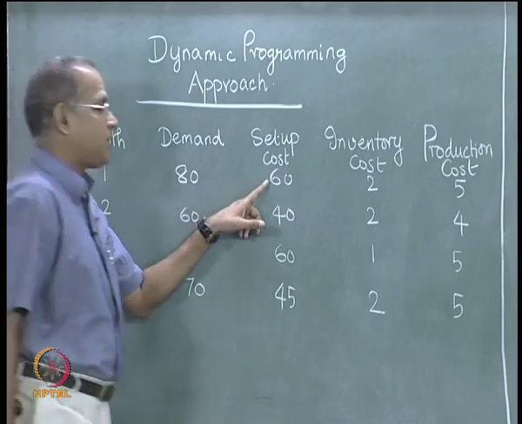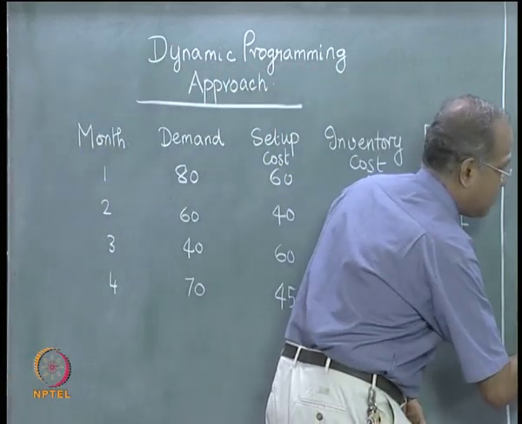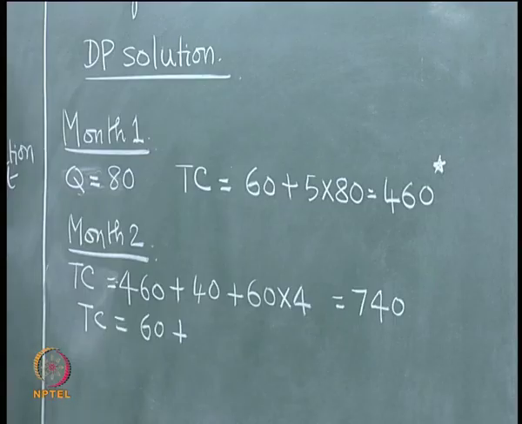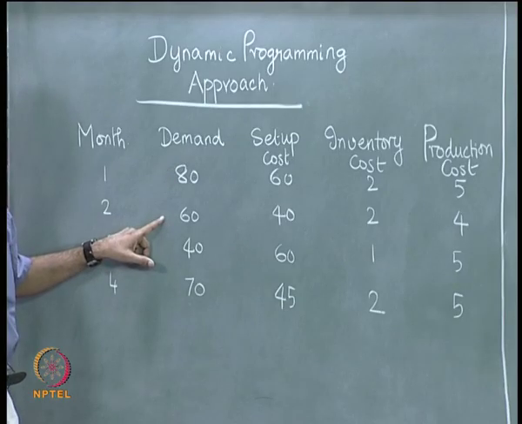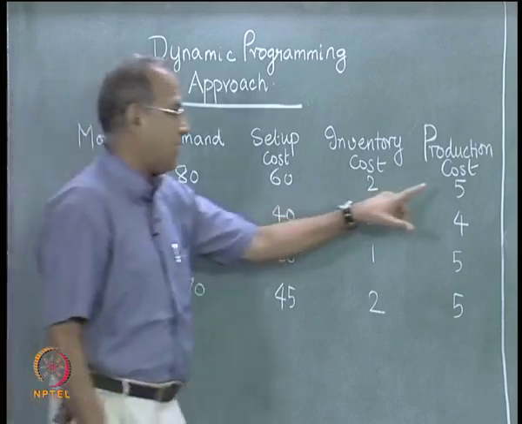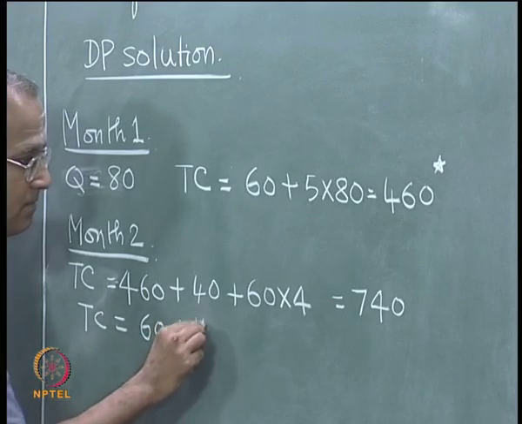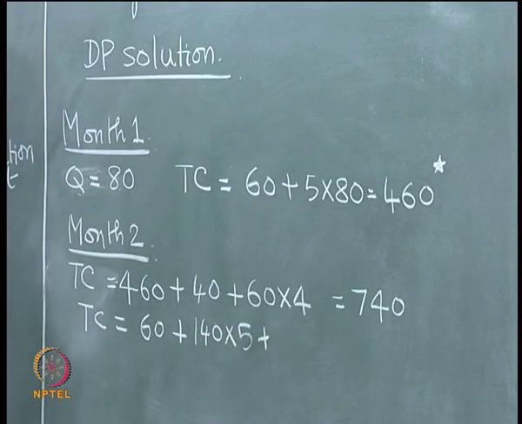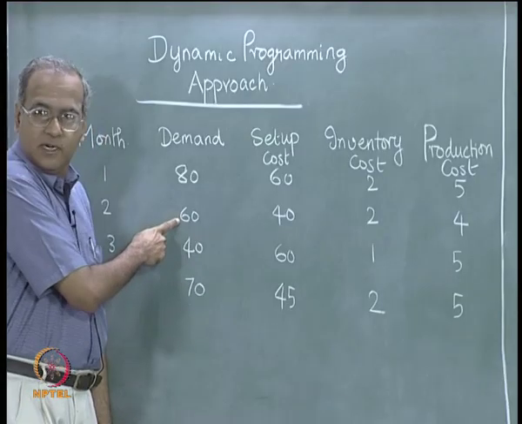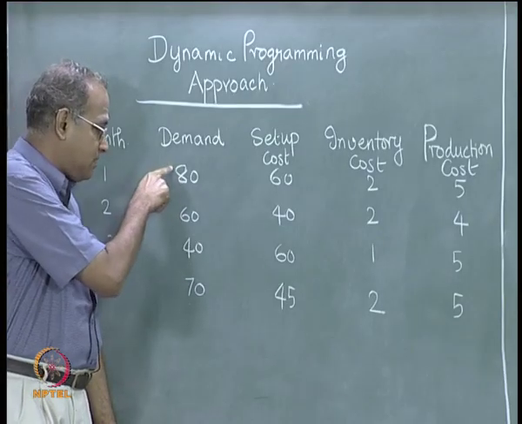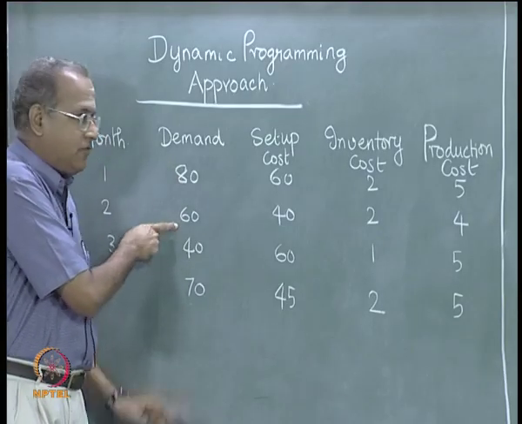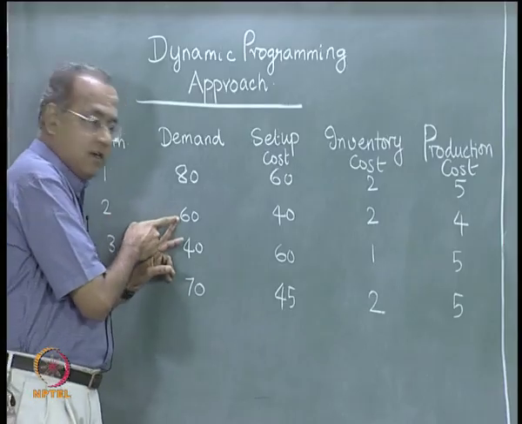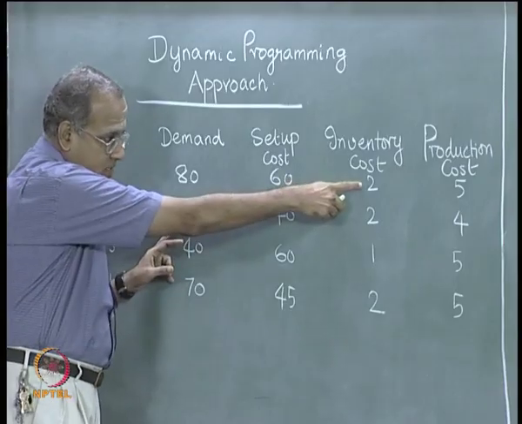So, there is a setup cost of 60 that is incurred. 140 into 5 is 700, plus these 60 units are carried from first month to second month, and therefore, there is an inventory carrying cost of this 60 into this 2.